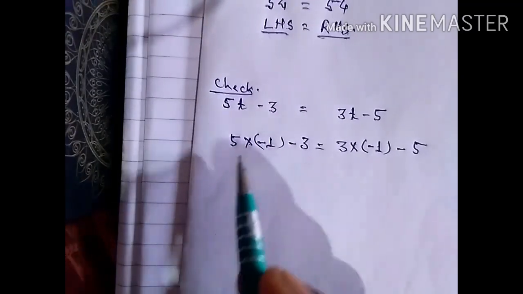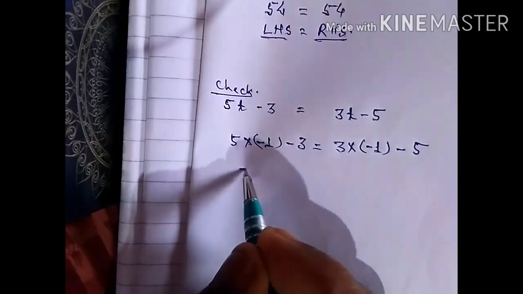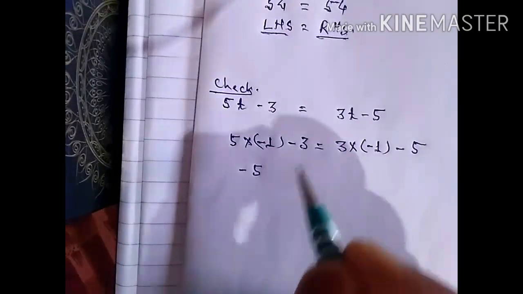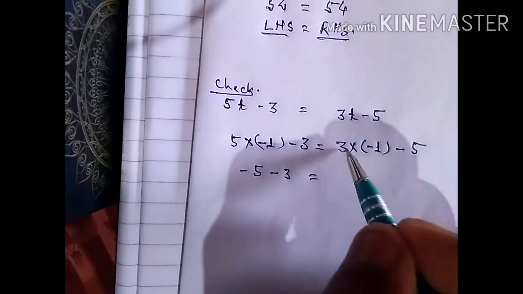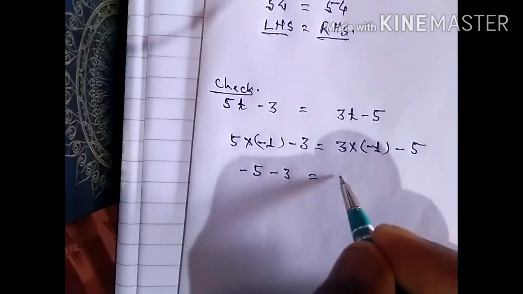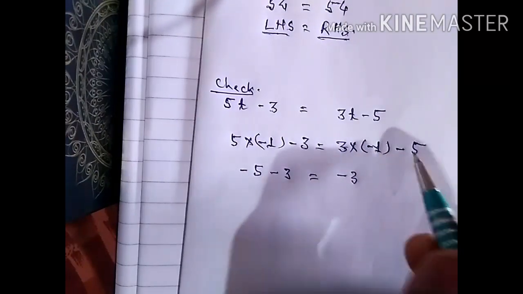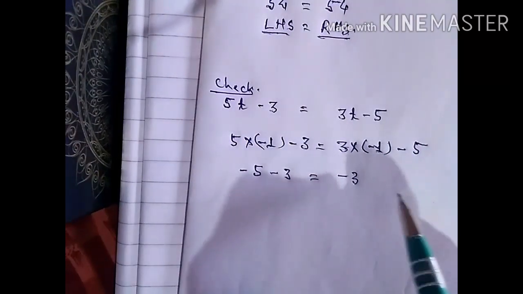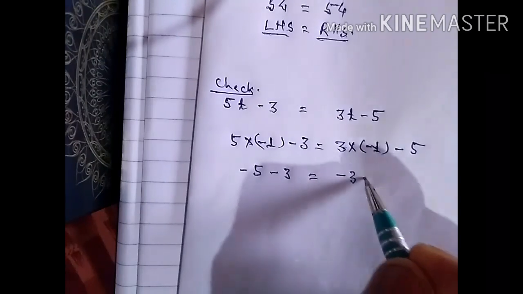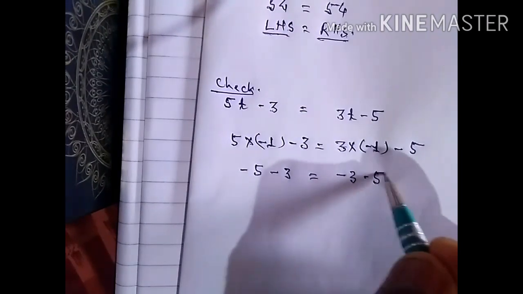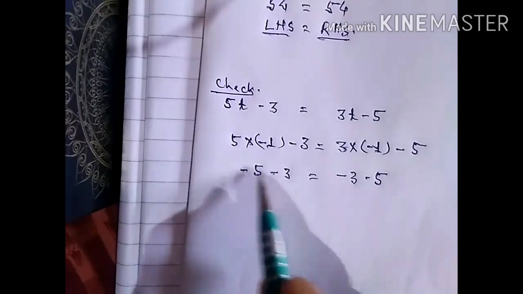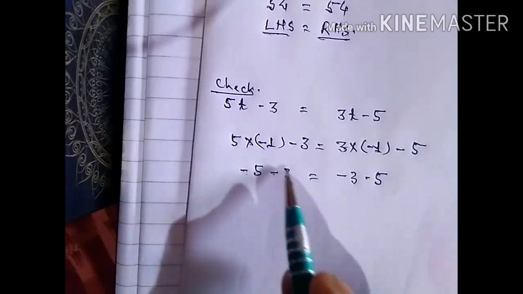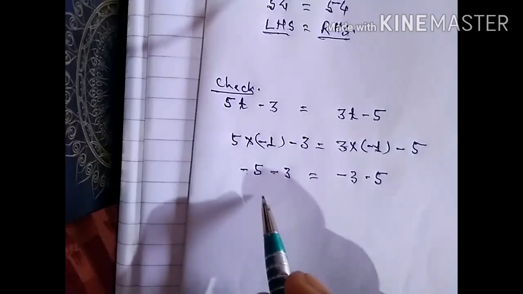So 5 into minus 1 will be minus 5, and this minus 3. Equal to 3 into minus 1, it will be minus 3, and this minus 5. Minus 5 and minus 3, both are negative, so they will be added.